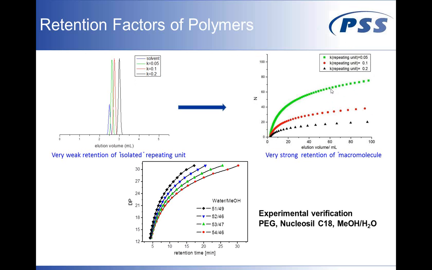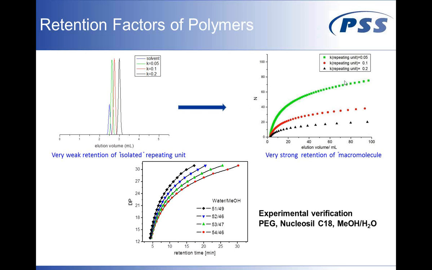If you go to even slightly higher retention, here you have for the repeating units 20% longer retention time on the column than for the solvent, but the polymer itself you will not be able to elute within a reasonable time for degrees of polymerization higher than approximately 20.